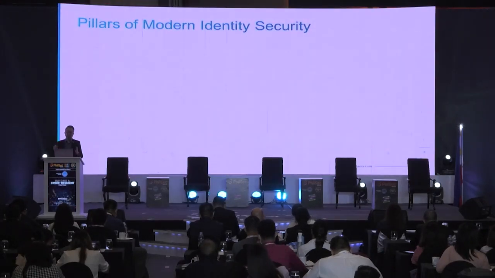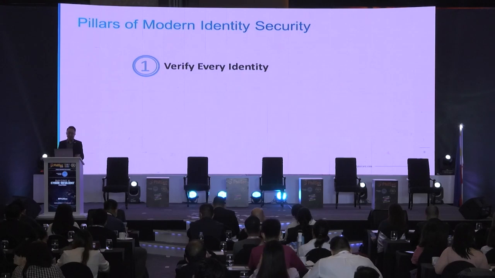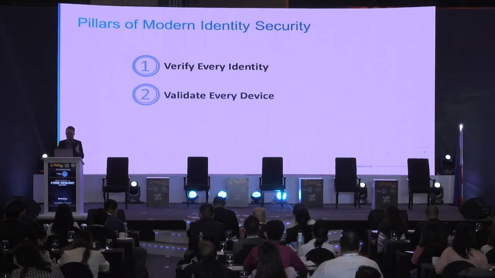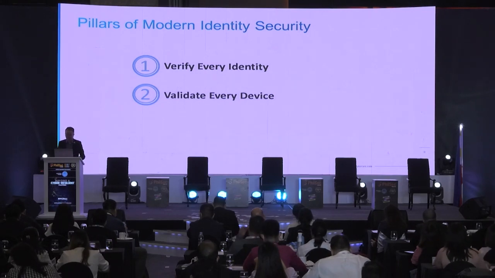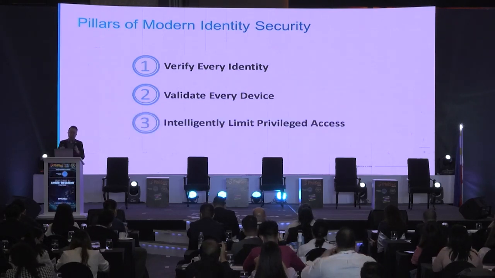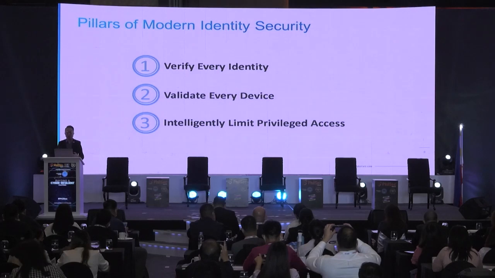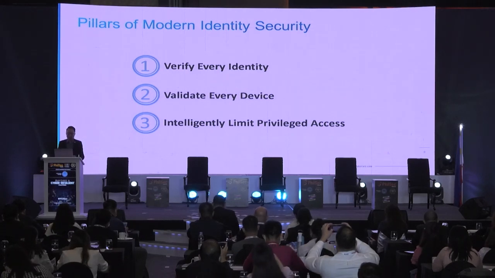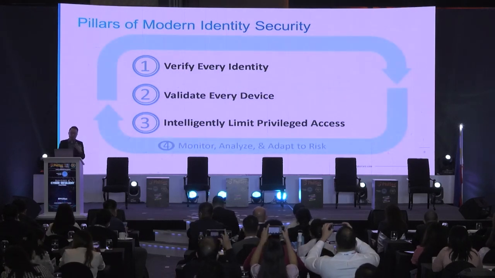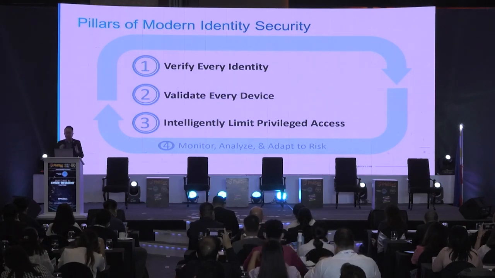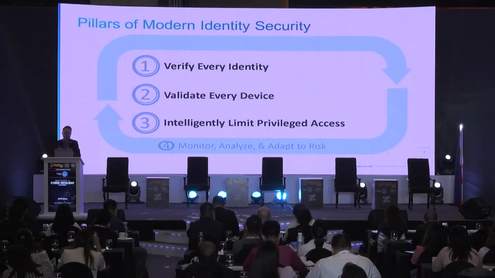The pillars of modern identity security can be divided into four pillars: verifying every identity; validating every device that is trying to use that identity; limiting the type of access they are able to use; and fourth, continuously monitoring, analyzing, and adapting to changes in that access. So let's look at each of these four steps.